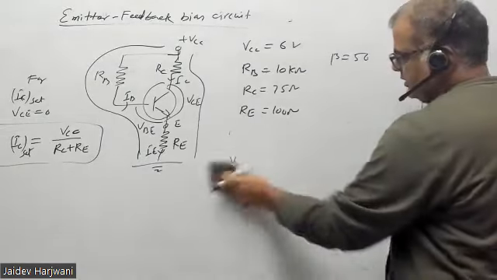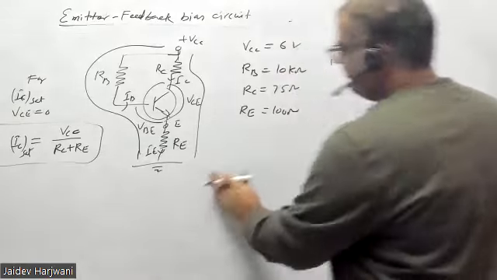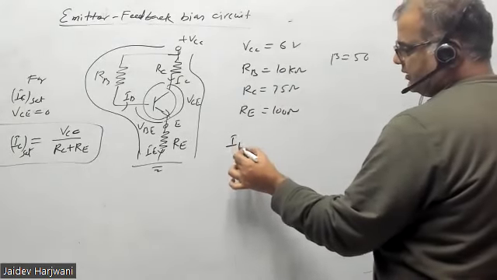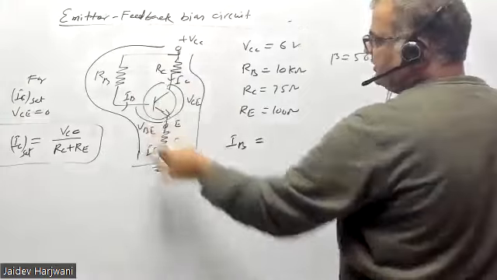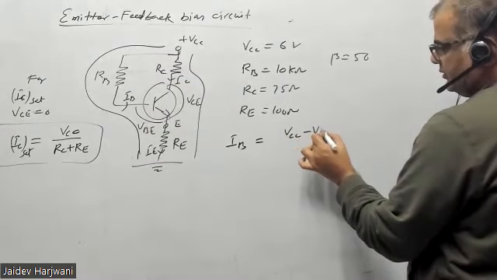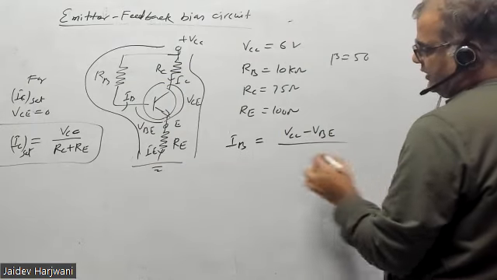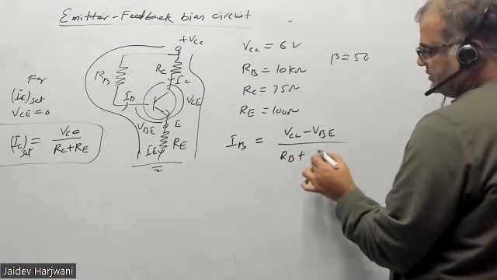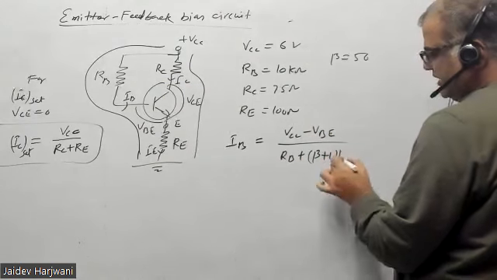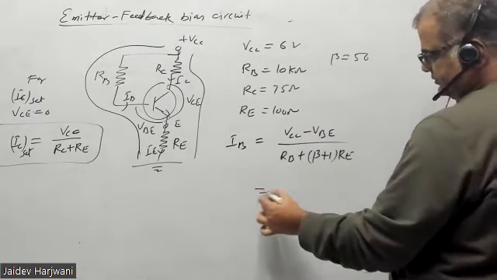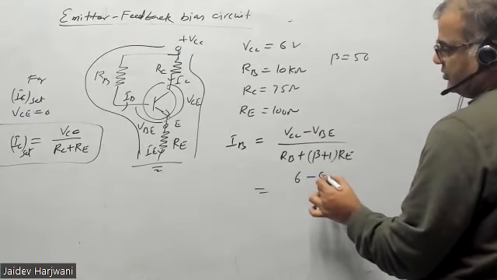So let us solve. First, find IB. So IB is VCC minus VB, and you have RB plus beta plus 1 RE. 6 minus 0.7.